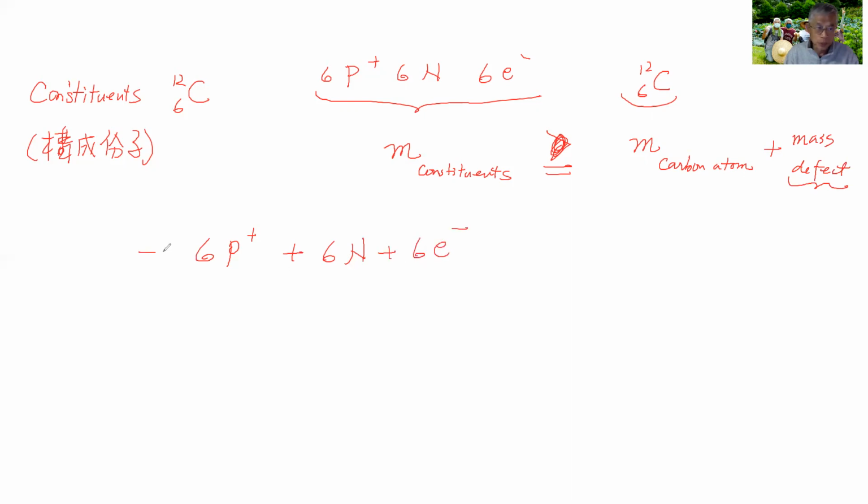If I want to actually break the C612, I need to add some energy into it, okay? And this energy is coming from this mass defect, because this is smaller than that. So I have this mass here, and this mass defect, I'm going to call that delta M, okay? So now if I'm writing the energy, I'm just going to say, well, this one requires adding some energy in there, and this energy's name is going to call binding energy.